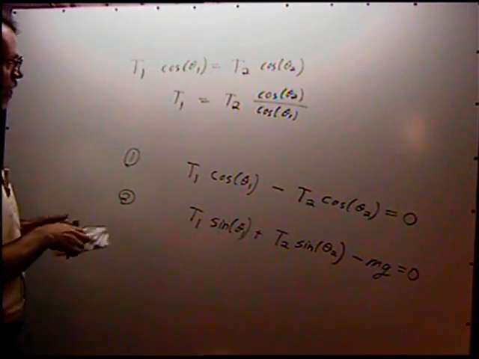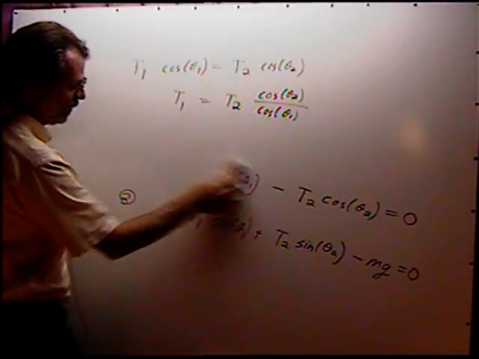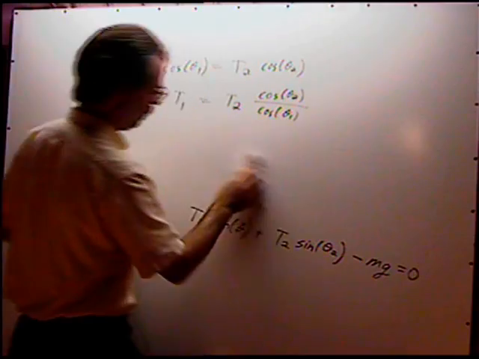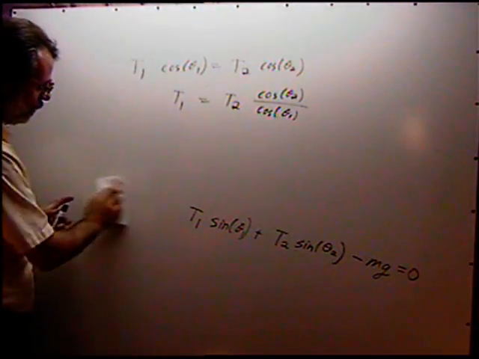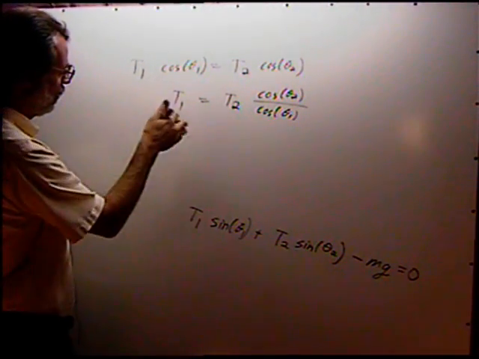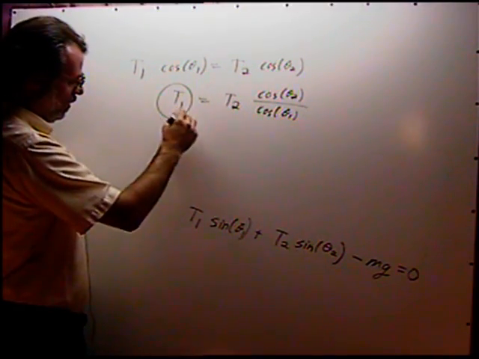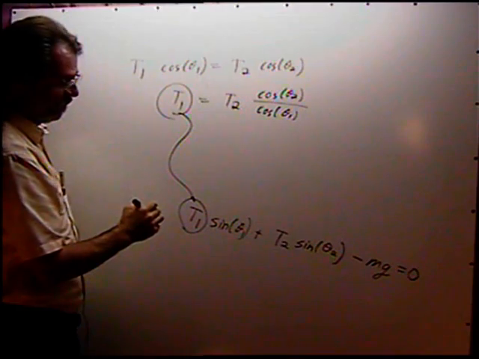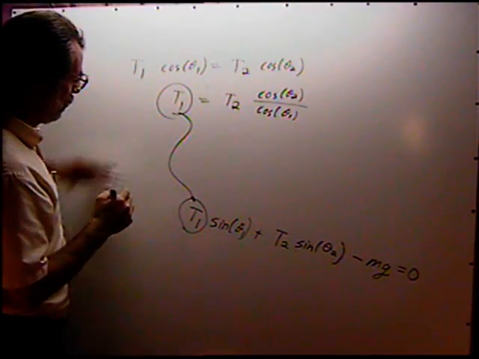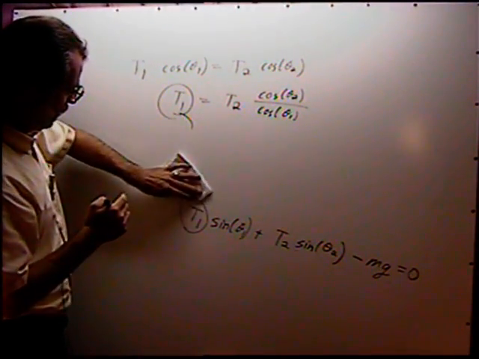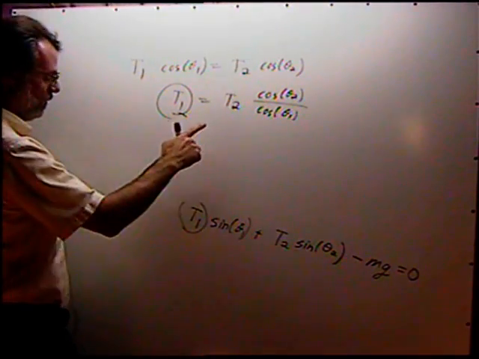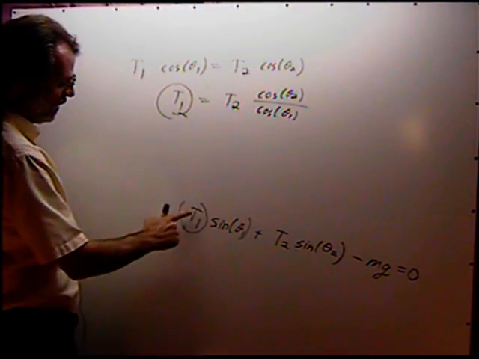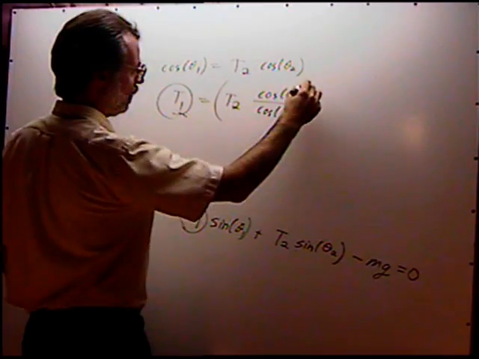I'm now going to erase the first equation, because now we can take this expression for T1 and plug it in for the T1 here. Instead of writing T1, I'm going to write this.